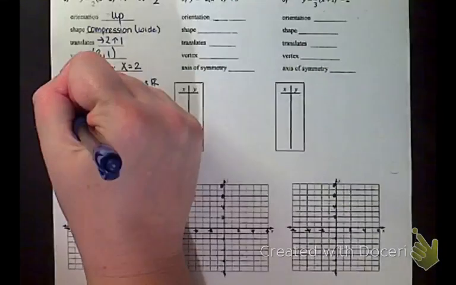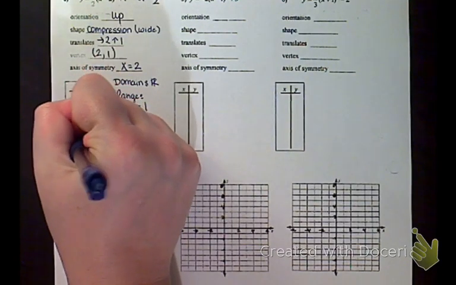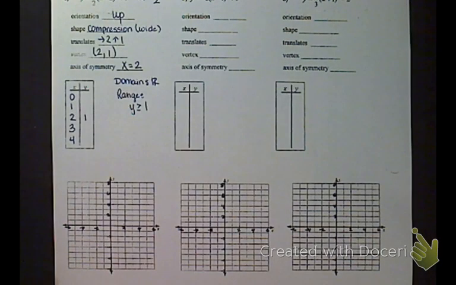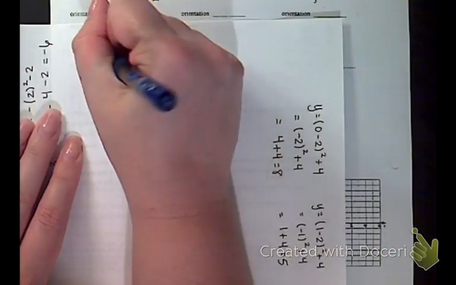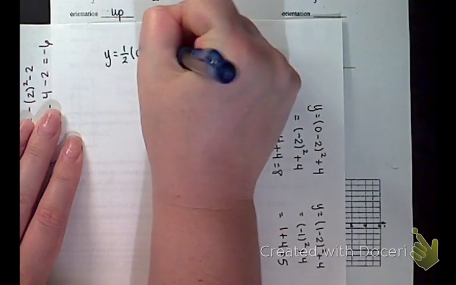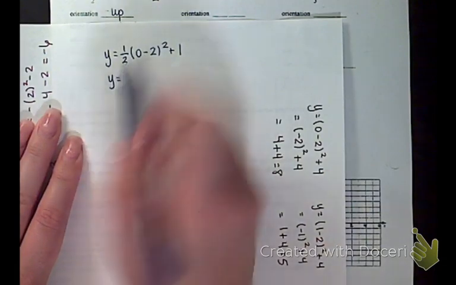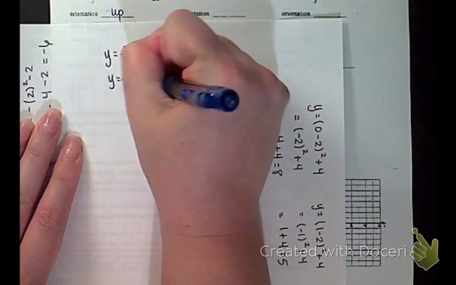Okay, vertex in the middle, 2, 1. Two numbers greater than 2 are 3 and 4. Two numbers less are 1 and 0. I'm going to plug in the easier numbers, so I'm going to plug in 0 first. Ignore my scratch paper. Y equals 1/2 (0 minus 2) squared plus 1. 0 minus 2 is negative 2, right?